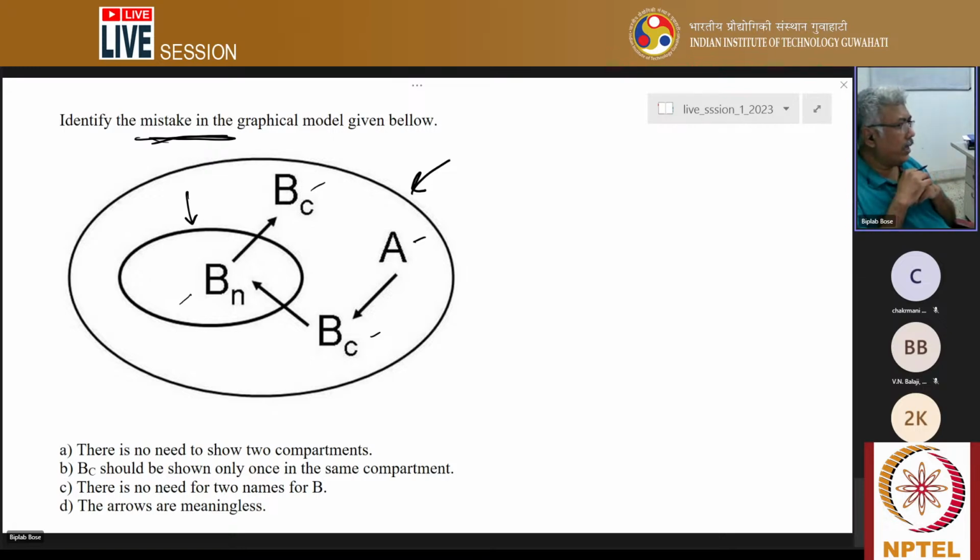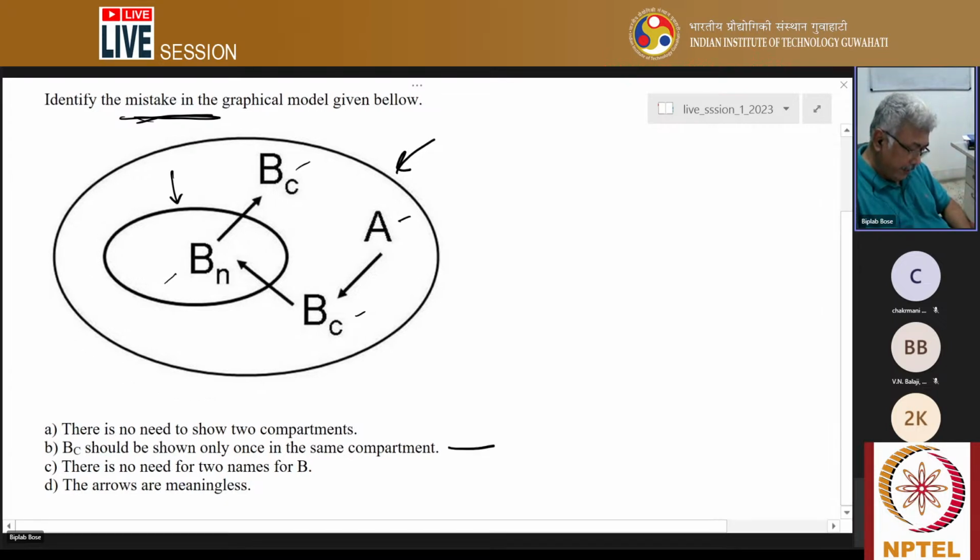Okay, there is no other answer. Mohita has said B. So two learners have given two answers, one is C, one is B. Let me tell the answer. Yes, B is the correct answer.